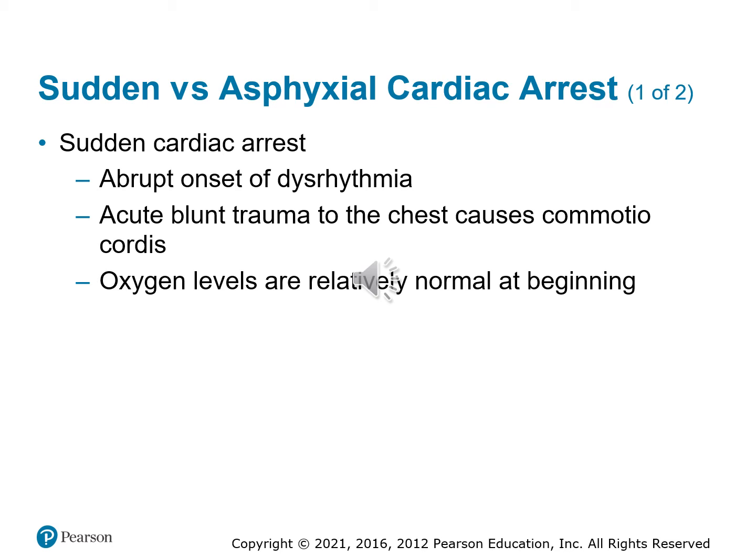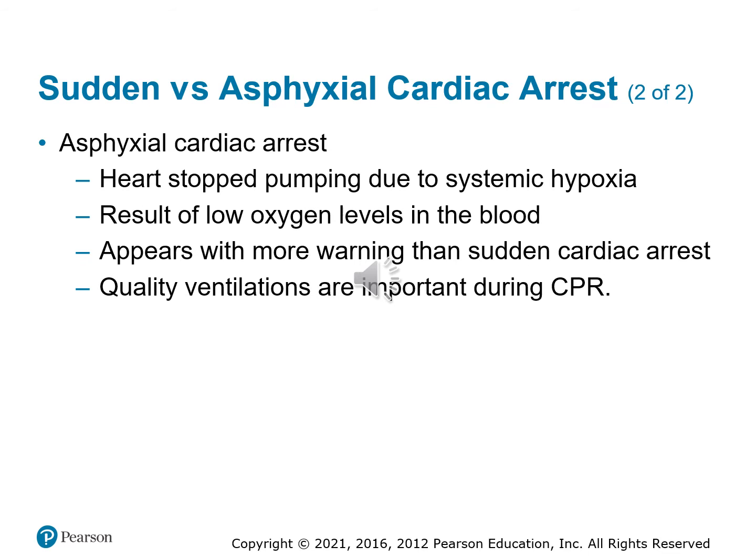Oxygen levels are usually pretty close to normal at the beginning of the cardiac arrest if it's sudden, because you didn't have an oxygen deprivation type of issue that caused it. So it's usually related to the heart itself and how the heart responds to different elements. Asphyxial cardiac arrest is related to oxygenation and respiratory problems.